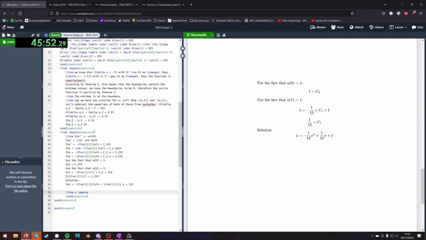So this is approximation only at xi. So it's xi, plus xi. Let me first put this in a code block.